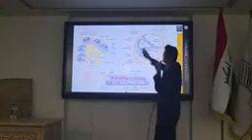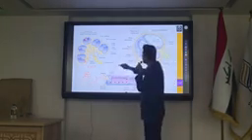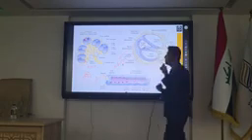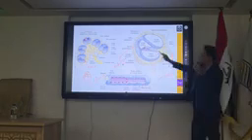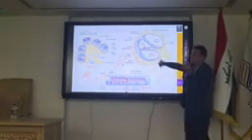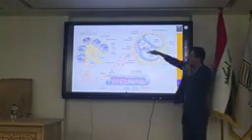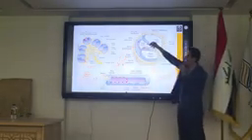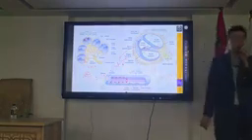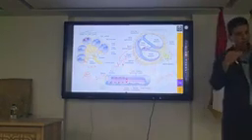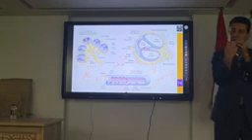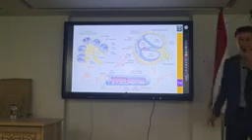But in the scala media, we have endolymph. So scala media is separated from the scala vestibuli by the Reissner membrane, and scala tympani is separated from scala media by the basilar membrane. So the basilar membrane separates the scala tympani from the media, but the Reissner membrane separates the scala media from the scala vestibuli.